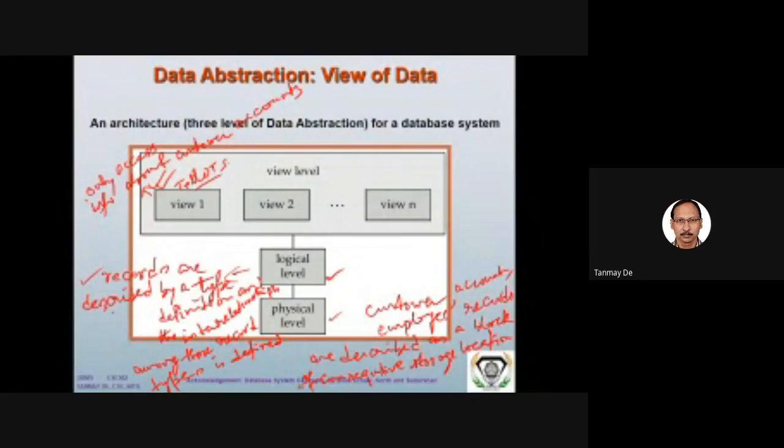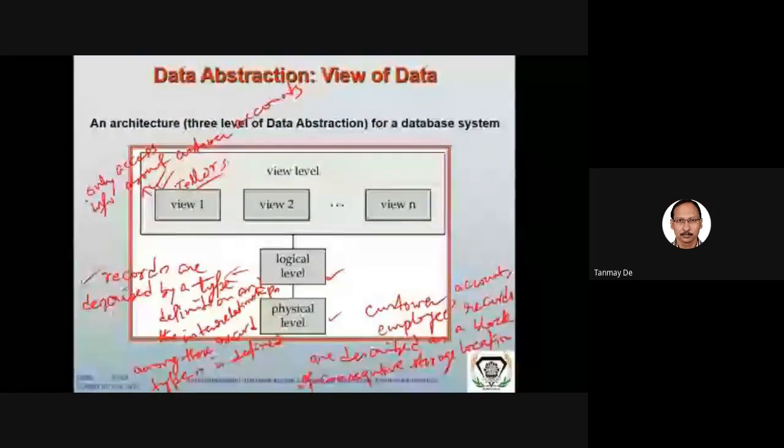Suppose here a payroll personnel is there. So payroll personnel cannot see or access the data related to the balance or account holder. The payroll personnel can see only what? Only the data related to the employees of that bank, sorry, not customers, employees.